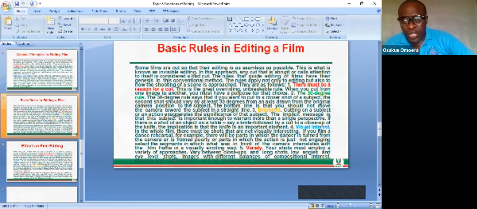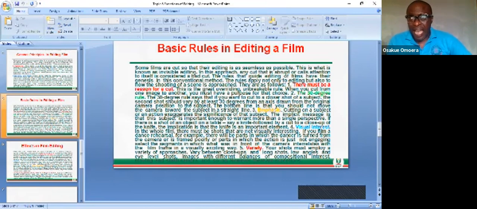In this approach, any cut that is abrupt, that is sudden or calls attention to itself, is considered a bad cut. The rules that guide editing of films have their genesis in the conventional method. The rules apply not only to editing, but also to how the shooting of a scene is approached.